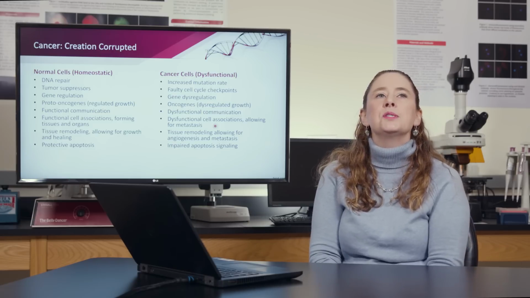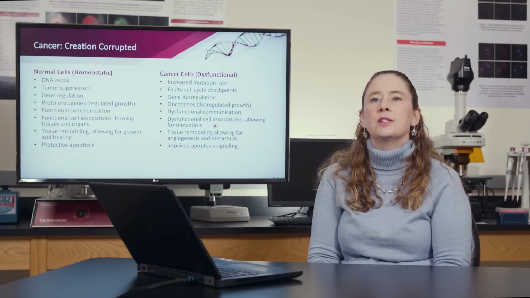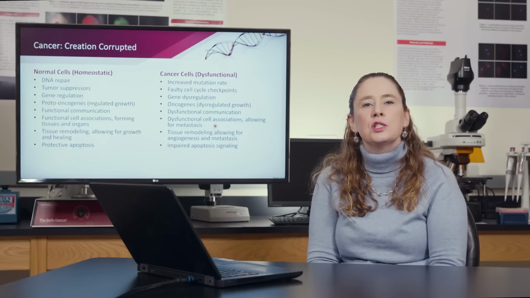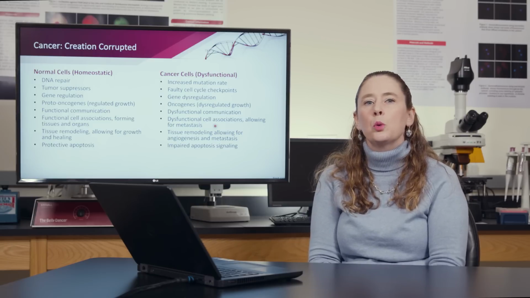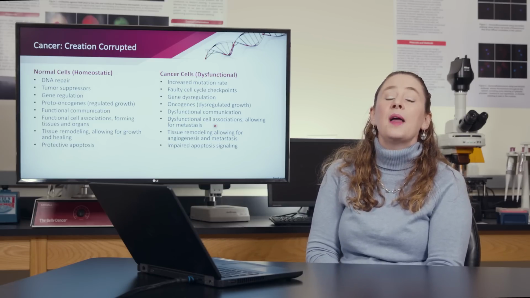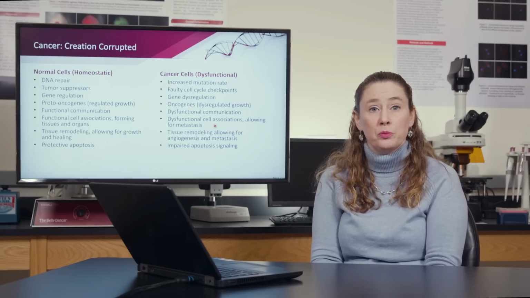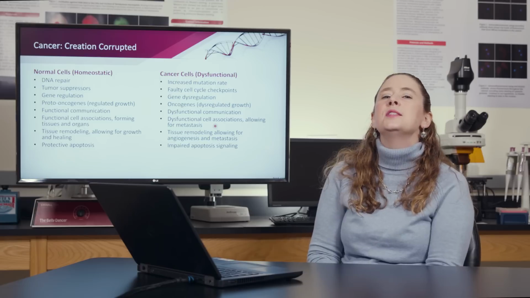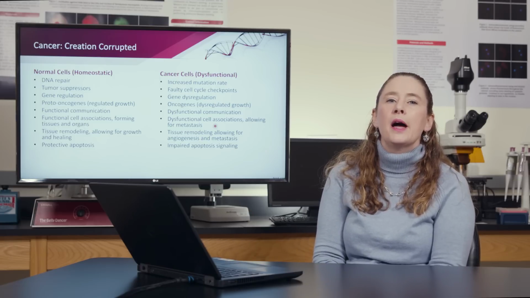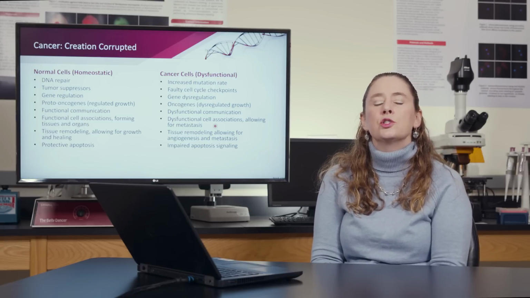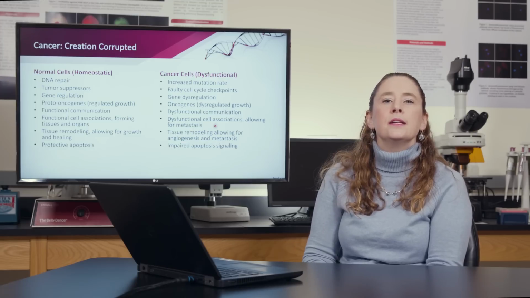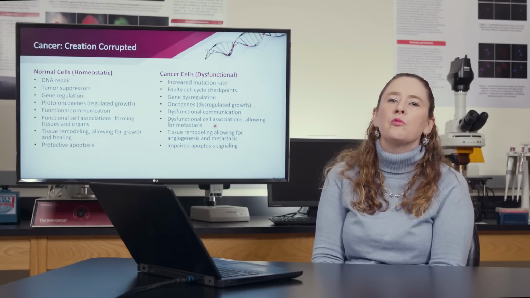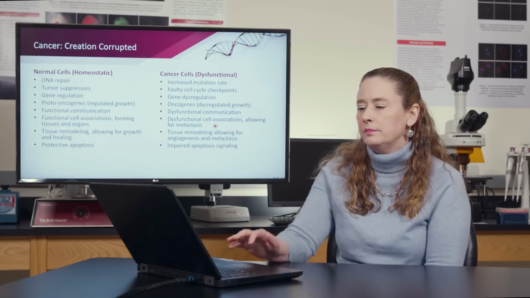This is a result of dysfunctional cell associations. Normally, these cells would just be stuck to each other, doing their work. But if they are allowed to fall off their tissue of origin and potentially spread elsewhere, this is not the intended design in creation, and it is extremely dysfunctional and extremely harmful to the organism.